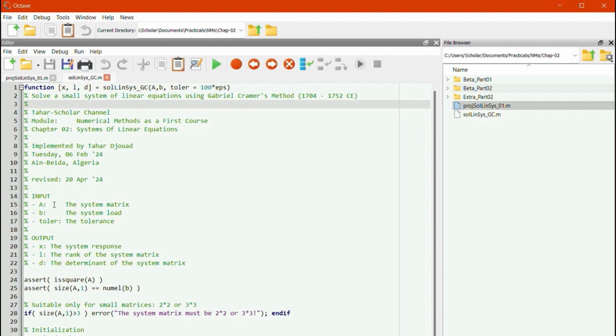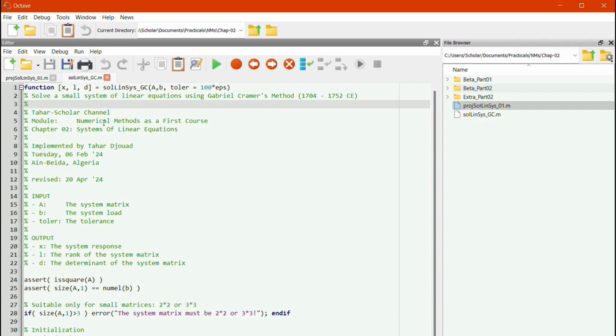Let's read the comment. Solve a small system of linear equations using Gabriel Cramer's method, Gabriel 1704 till 1752 CE. CE means current era.